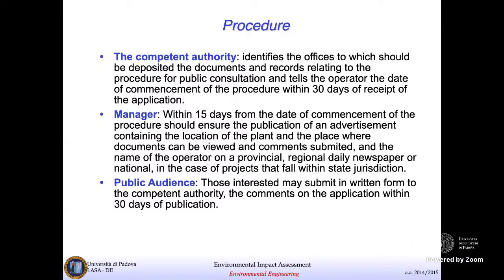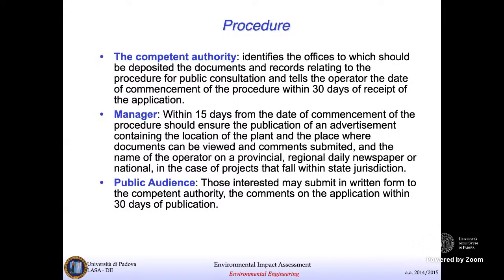The procedure: the competent authority identifies the offices where the documents, documentation, and records relating to the procedure for public consultation should be deposited, and tells the operator the date of commencement of the procedure within 30 days of receipt of the application. So the competent authority, within 30 days from the request of the operator, shall communicate the commencement of a procedure.